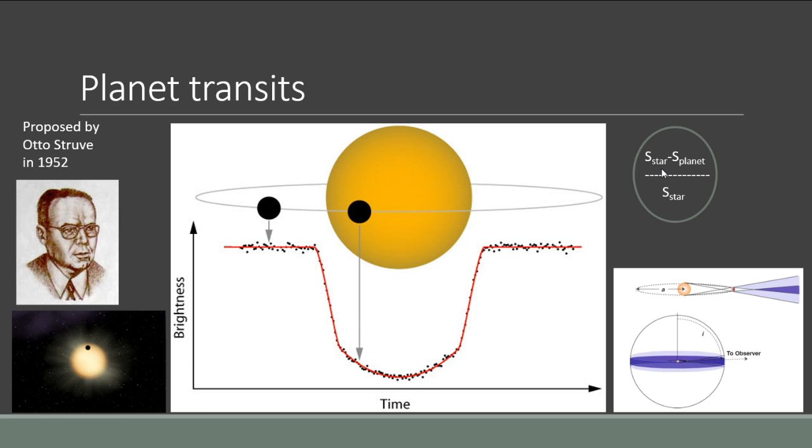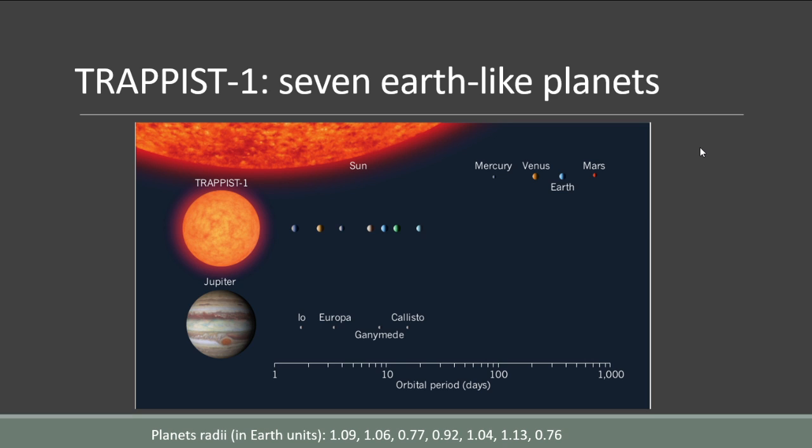So if we compare the area of the solar disk and the Earth disk, then the factor is not 100 but 10,000, and it's very difficult to measure a drop in the magnitude of a star, which is 1% of 1%. Still, it is possible, especially if you make observations from space.